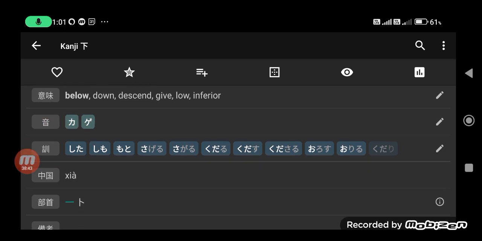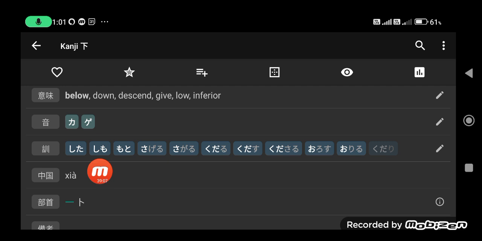And we also have lots of kunyomi here. But first, the onyomi, or the China-based reading. Ka, ge. 2 onyomi readings, ka and ge. And then for the kunyomi, please write this down. There are lots, or screenshot this.